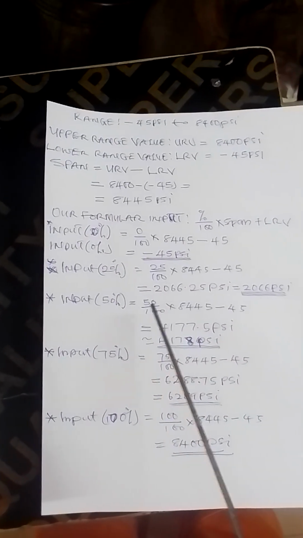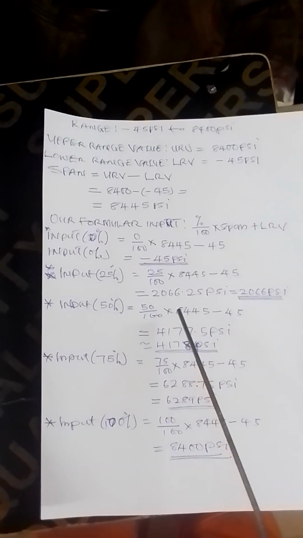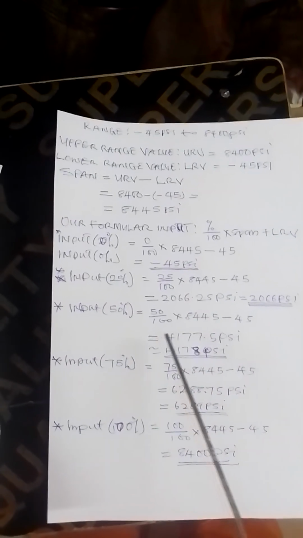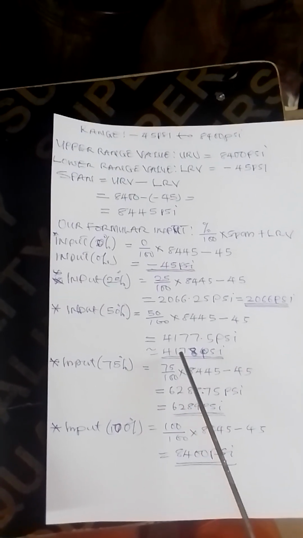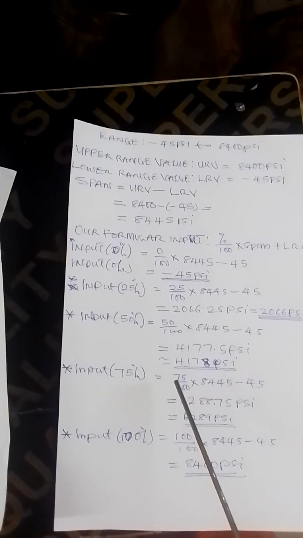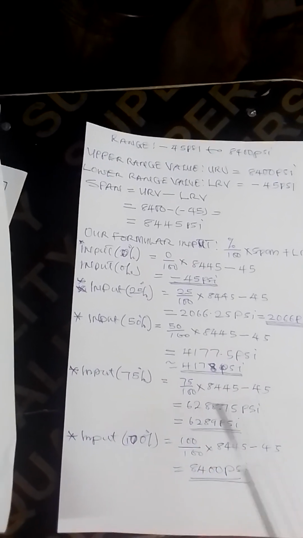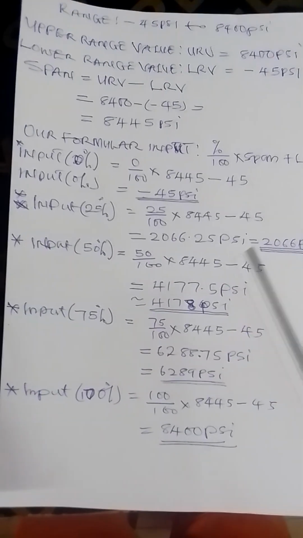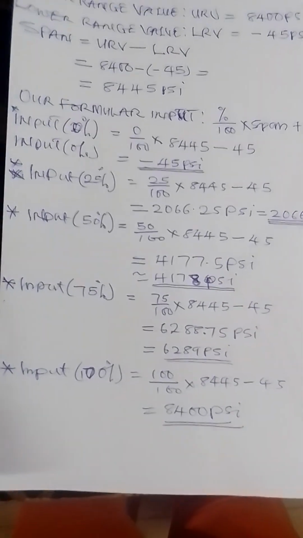At 50%, you have 50 over 100 times 8445 minus 45. After your calculation, you have 4178 psi. At 75%, you have 6000 something. So follow this calculation.